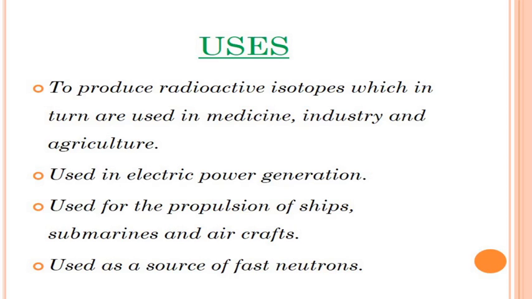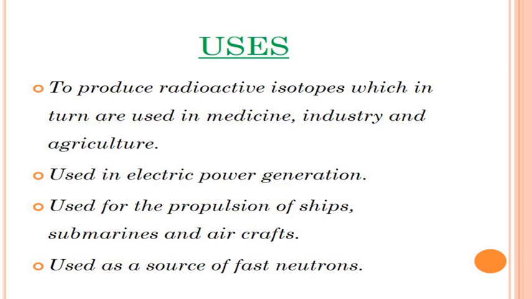Now moving on to the uses. Nuclear reactors are used to produce radioactive isotopes which are used in medicine, industry and agriculture. We had already said that the steam is used for generating electricity, so it is used in electric power generation.